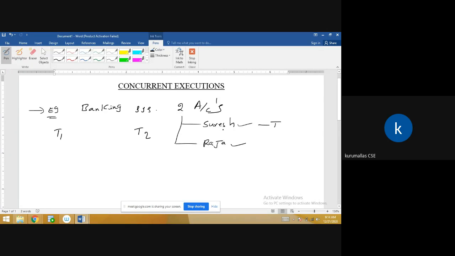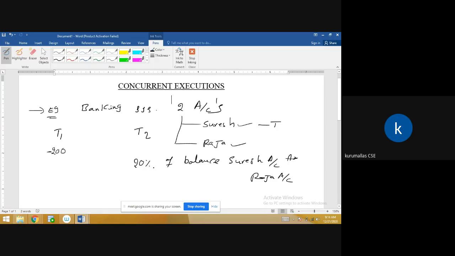The transaction T2 transfers 20 percent of the balance from Suresh account to Raja account.